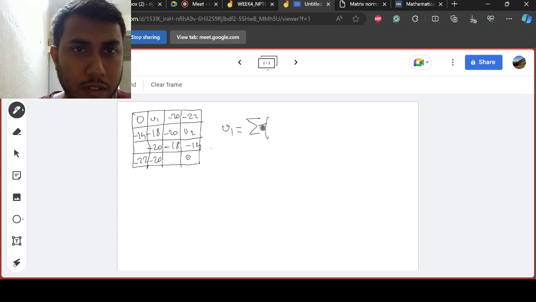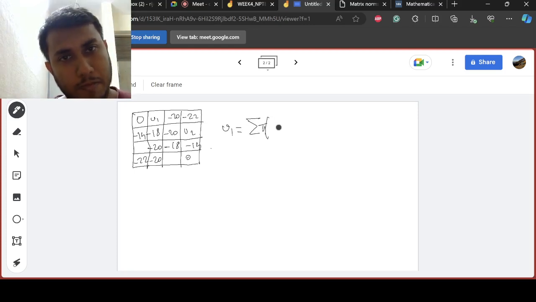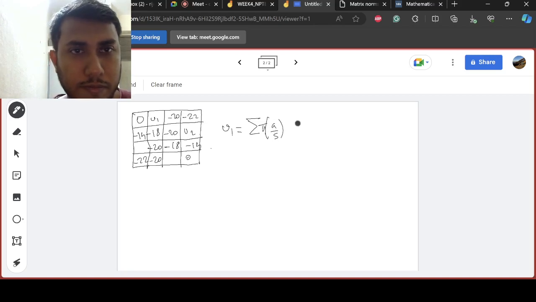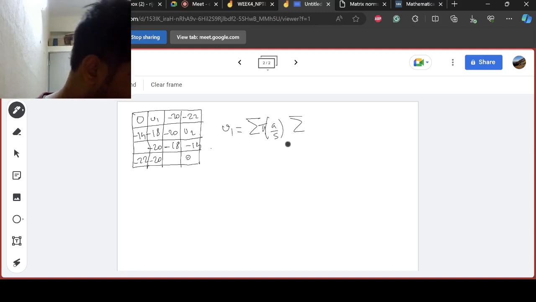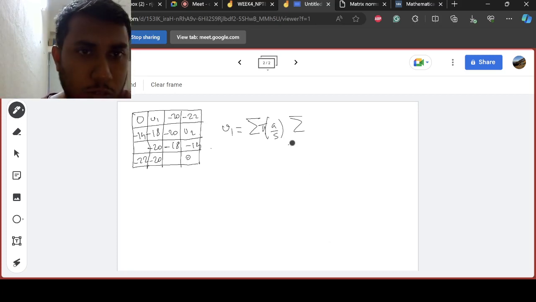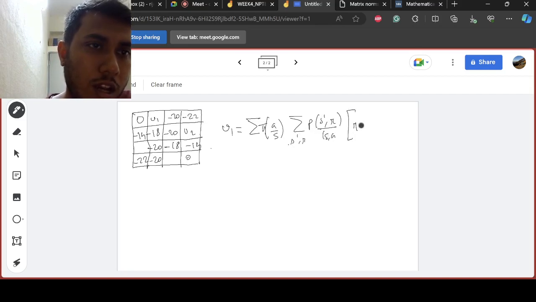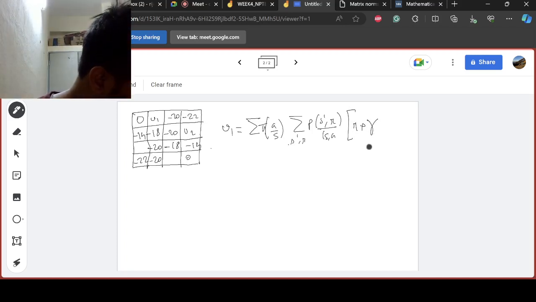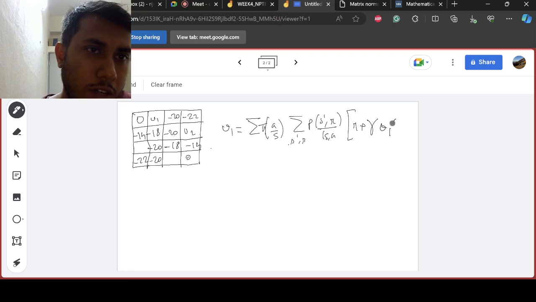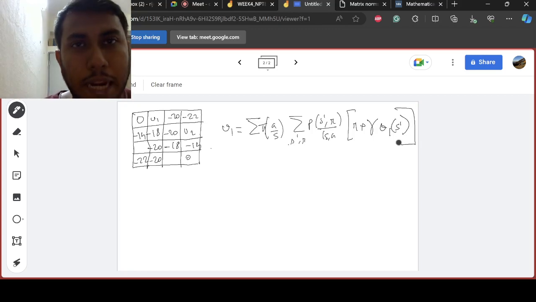Summation of pi of a given s, summation over s dash comma r, p of s dash, r given s comma a, times r plus gamma v1 of s dash, right? So this is how you can write it.